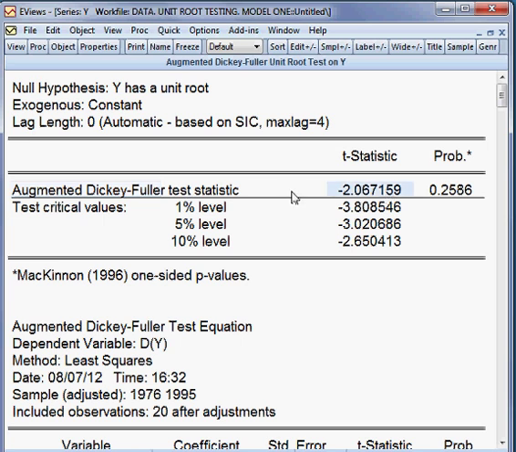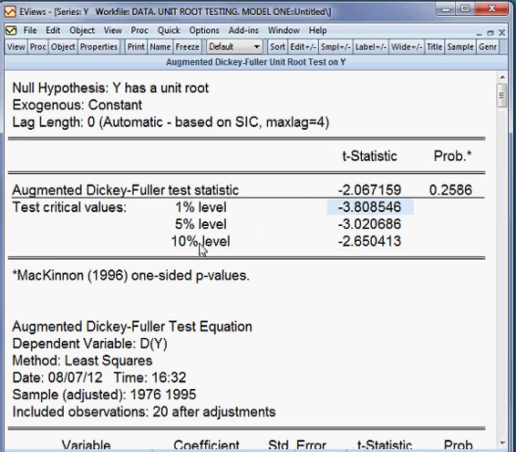What about this one? This one is the augmented Dickey-Fuller statistic. That is minus 2.067. And what about this one? Critical values. The critical value at the 1% level is minus 3.8.